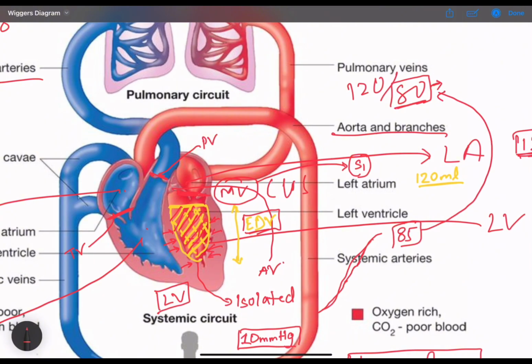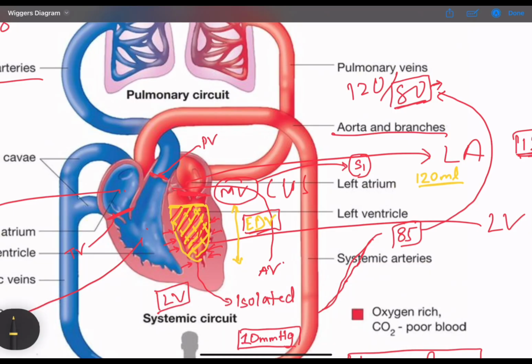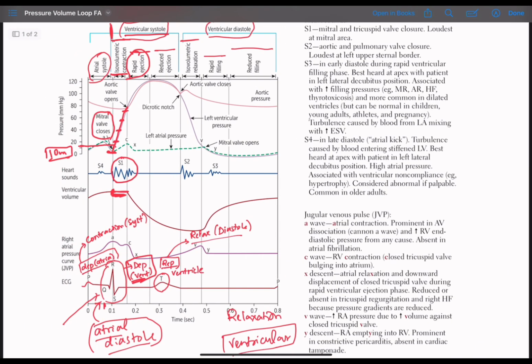At this particular instant, we have an opening of the aortic valve, and the blood starts leaving the left ventricle into the aorta, and we have a drop in the volume of the left ventricle. So what happens?